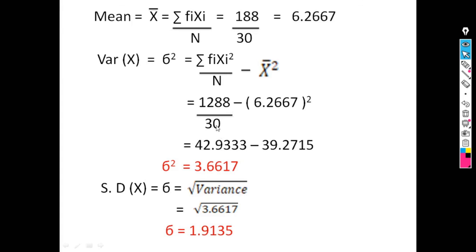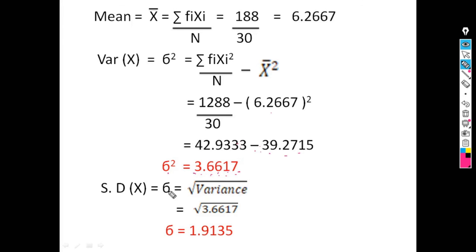So 1288 divided by n, minus this x bar, 6.2667 square. So 1288 divided by 30 is 42.9333, minus the square of this x bar, which is 39.2715. The subtraction of these two is 3.6617.